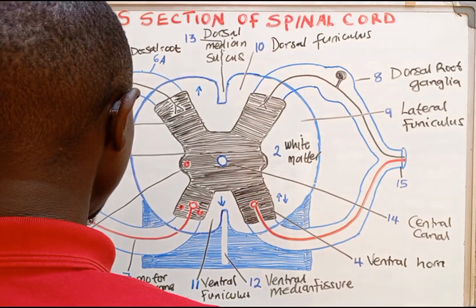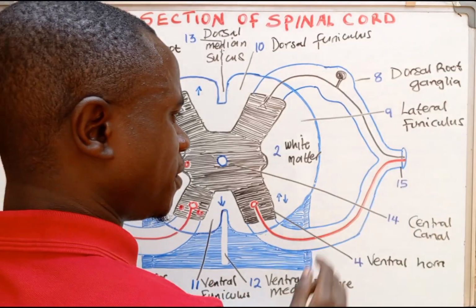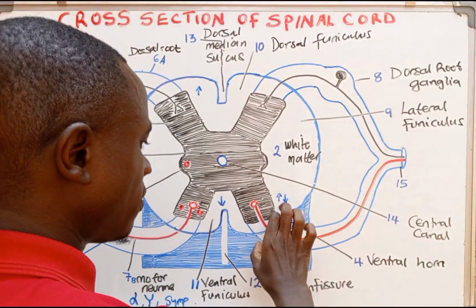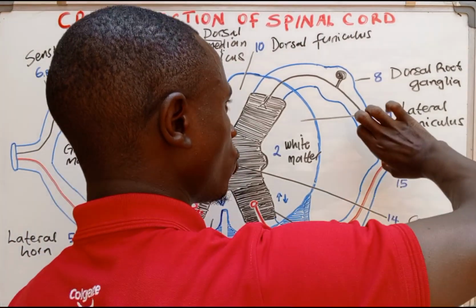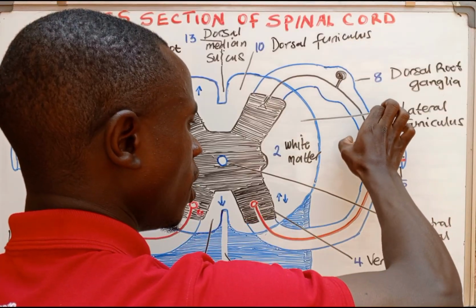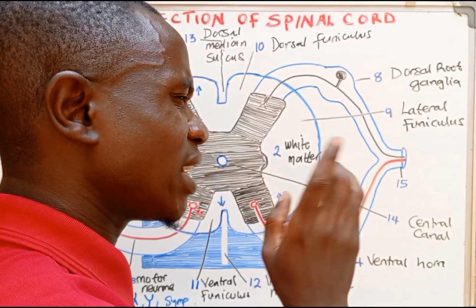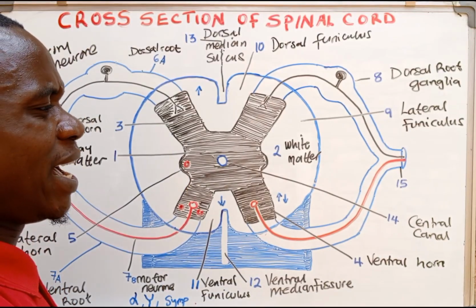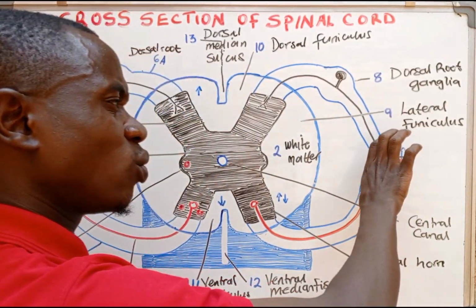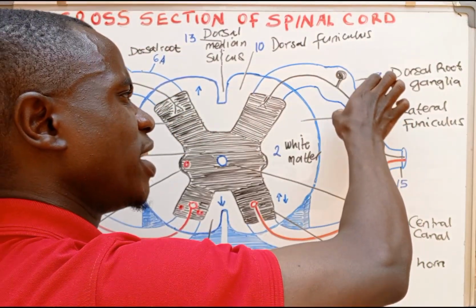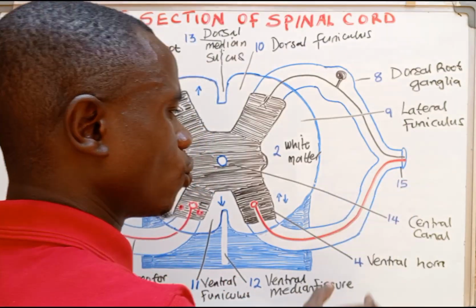Now coming to number 15. You see the ventral root and the dorsal root; when they unite together, they make one of the most important structures. How do we call this structure formed through the union of the dorsal root and the ventral root?